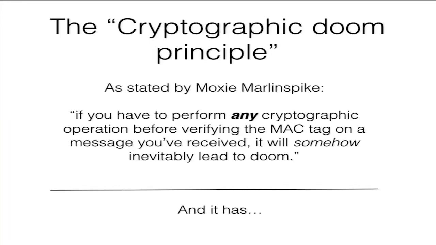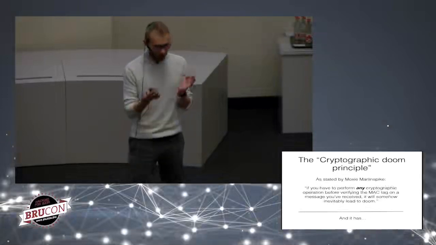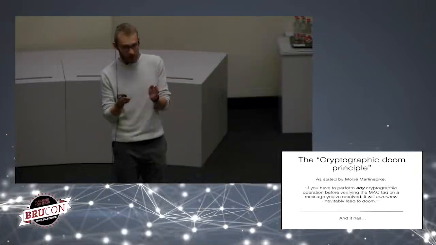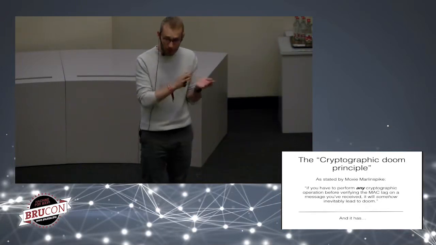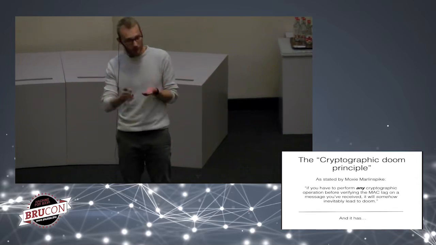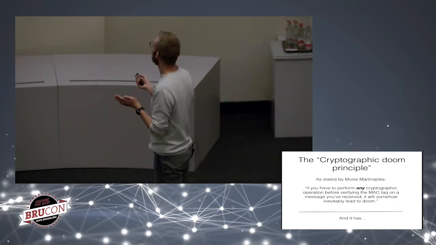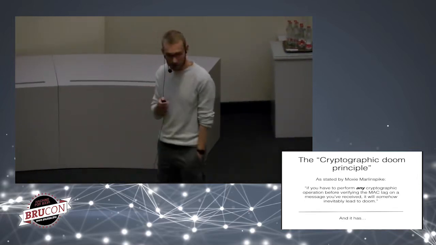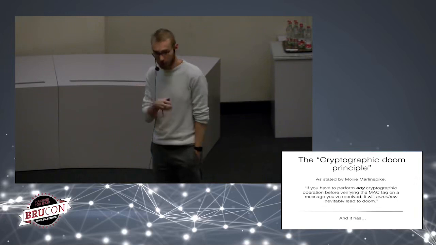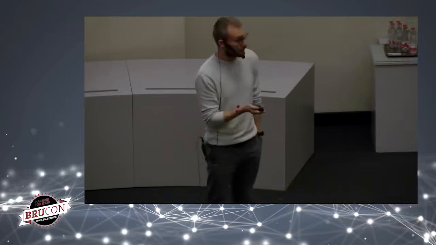Meaning that if you send a message encrypted from one side to the other side, and if you do not check the MAC first, or the authenticity of the ciphertext, independent of any other action you can take after decryption, it will fail. So you have to always verify the ciphertext before you perform any other action. If you don't, things might go wrong, and things have gone wrong.